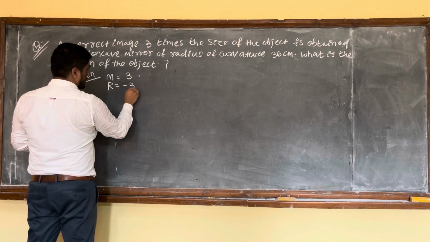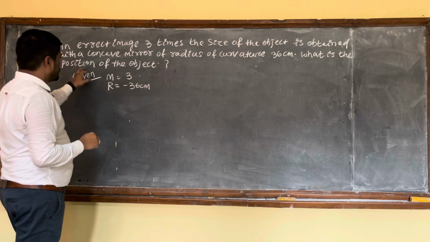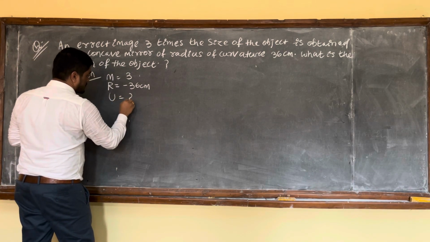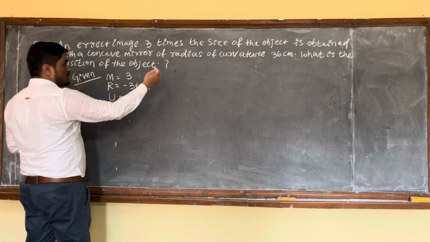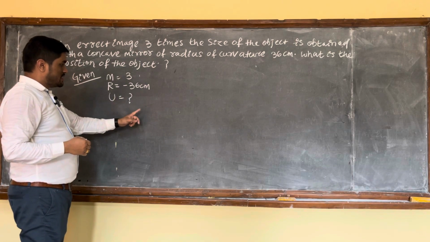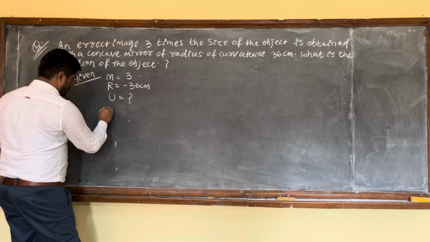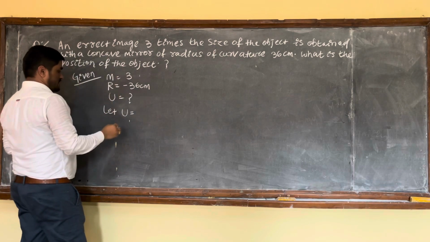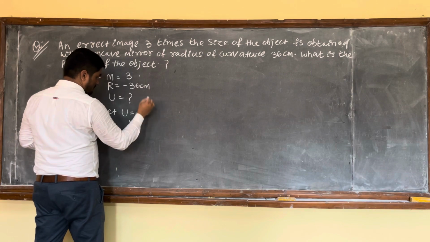So this is minus 36 centimeter, and you have to find out the position of the object, that means the object distance, and let it be x, and it will be minus x because the object is situated left of the concave mirror, and so let it be situated at a distance x, that's why u will be minus x.